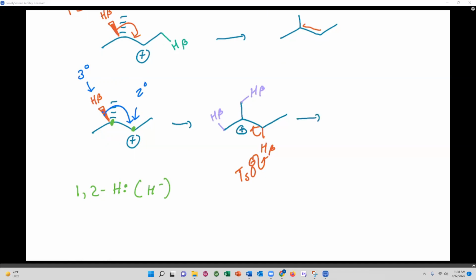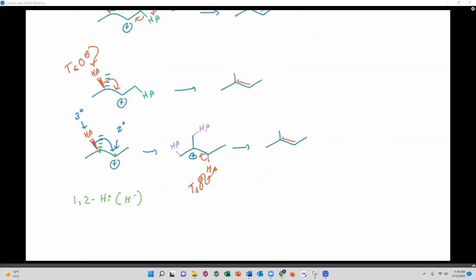And so what you notice is you can actually form the same compound both before and after the rearrangement. And there's absolutely no way to tell how it was formed, right? And this is not uncommon. A lot of times when you have hydride shifts, you're going to be able to form the same compound through two different mechanisms, two different pathways, because this one was formed before and this one was formed after.